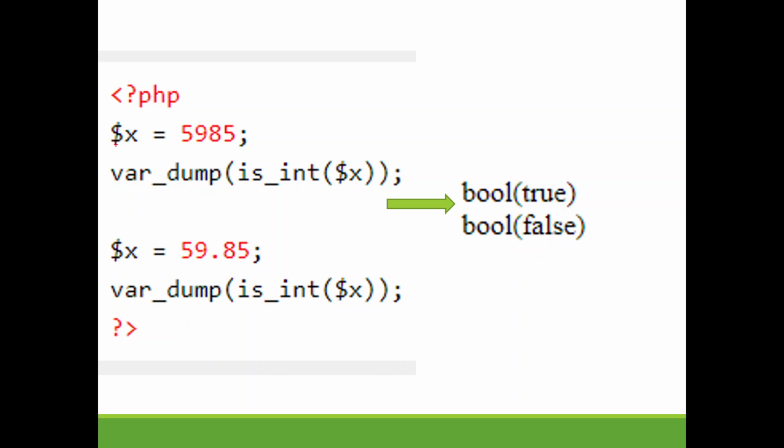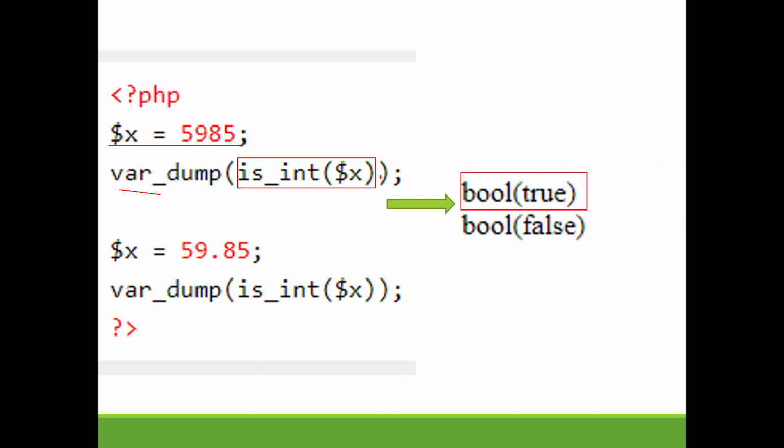Okay, here we have an example of an integer. You do that, then var_dump, so that will give us true. You can see that inside the var_dump, we have another function, is_int.